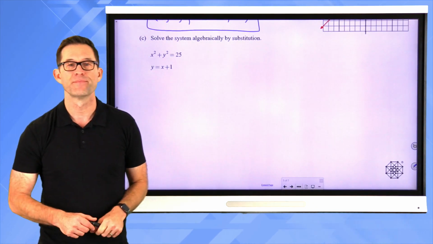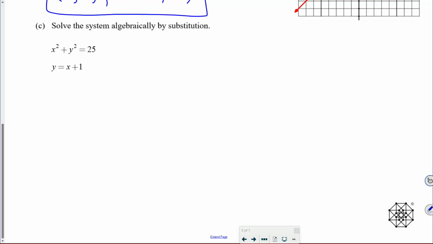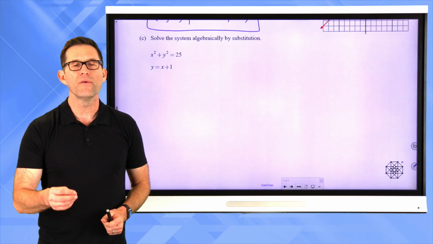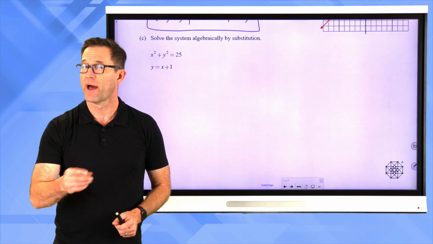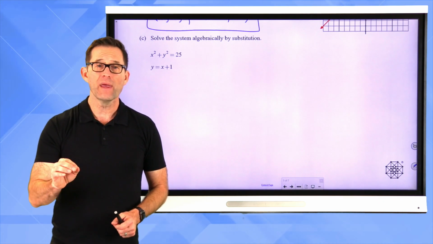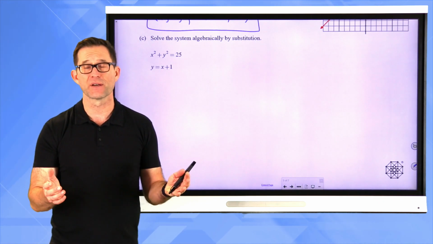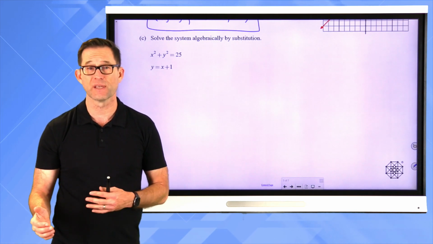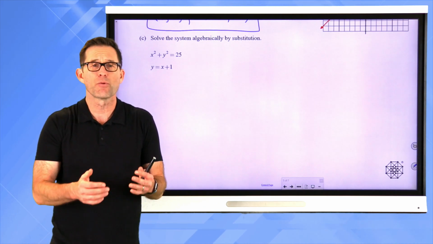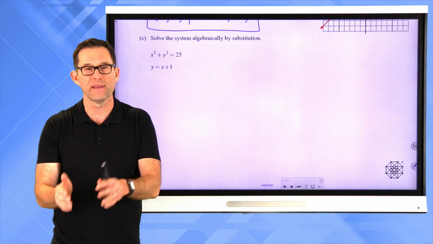Letter C. Solve the system algebraically by substitution. Now, when we have two functions, and a circle's not a function, when we have two functions and we want to find their intersections algebraically, we set the two functions equal to each other, because they're both y equals.